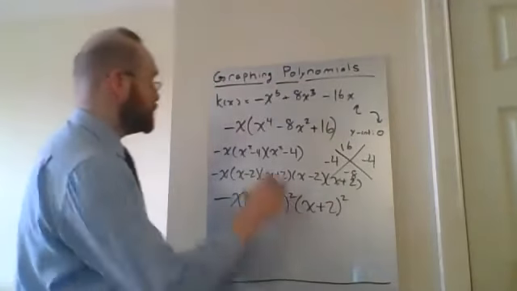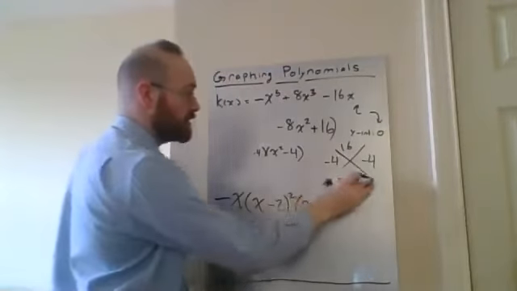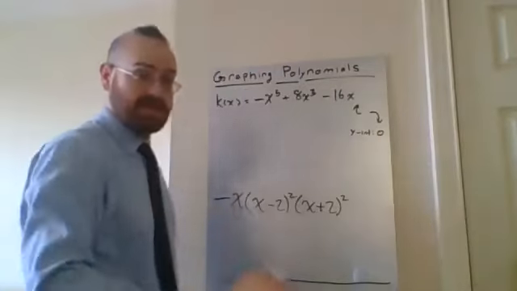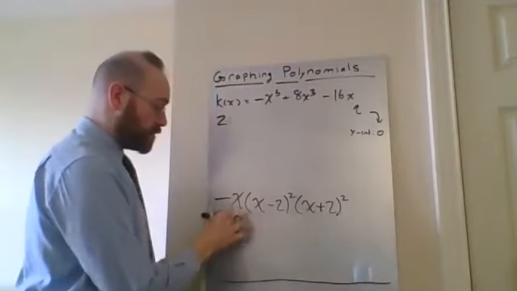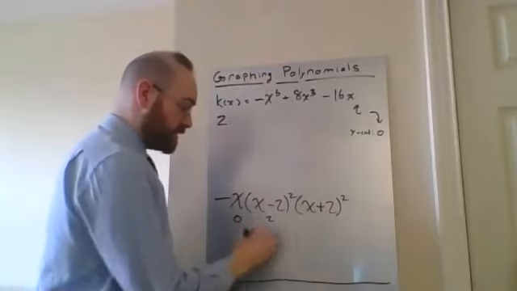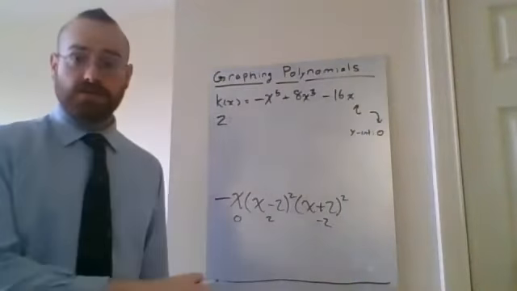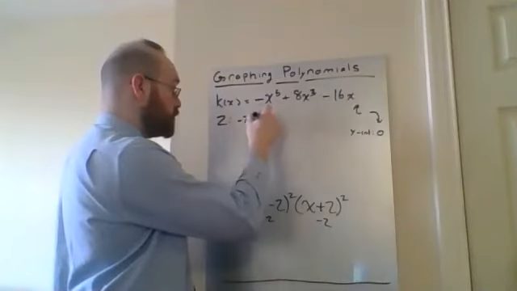And now I'm going to get rid of some of the intermediate work because I want to be able to list my zeros and their multiplicities. So we have zeros. Well, we get 0 from negative x, positive 2, and negative 2. This time the factors did not get written in numerical order, but I do want to write the zeros in numerical order.